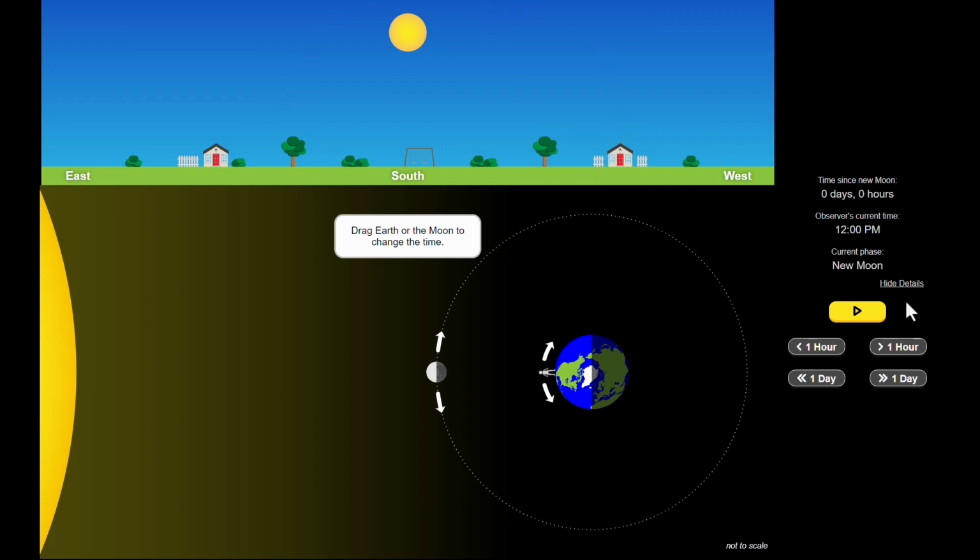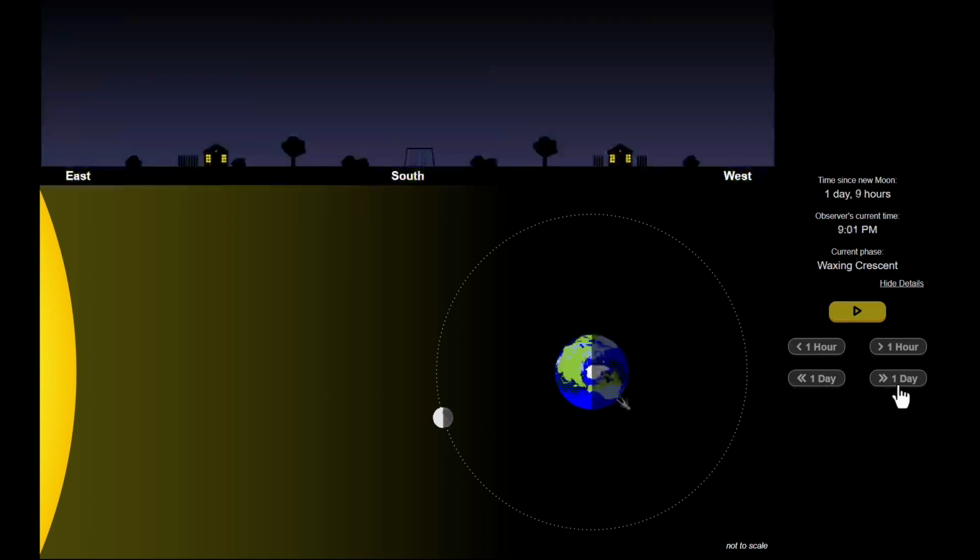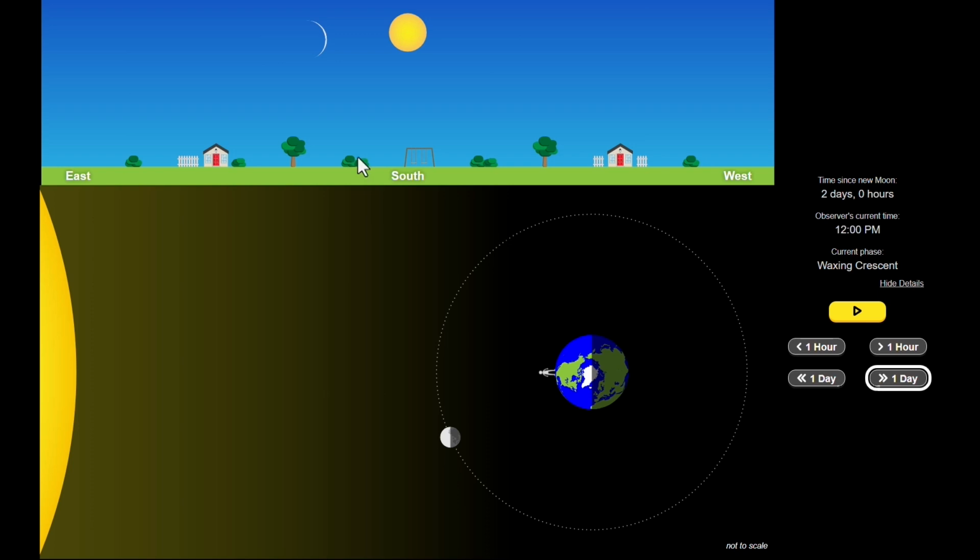Slowly observe what's happening when I shift one day. When I shift one day, you see, now for the observer on the earth, the moon, which is only very mildly visible, is a little away from the sun. Now it's further away, right, from the sun. Why has this happened? Here, as you can see, the moon is moving in its path around the earth.